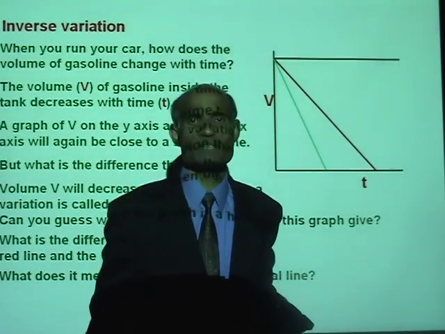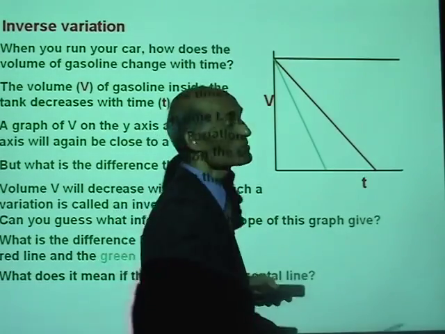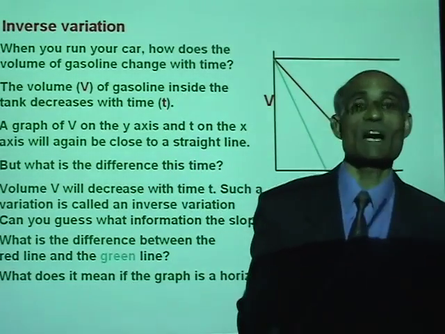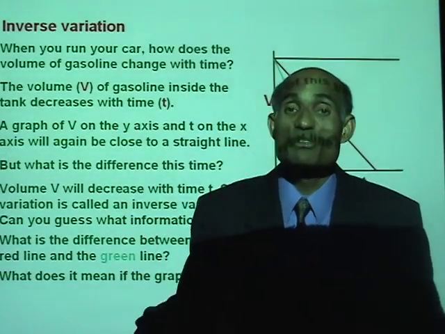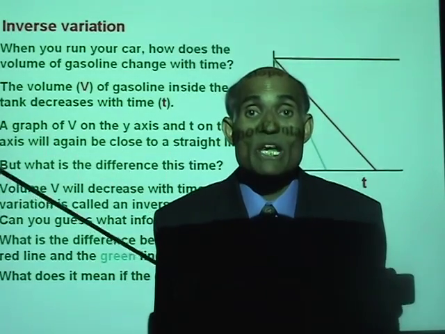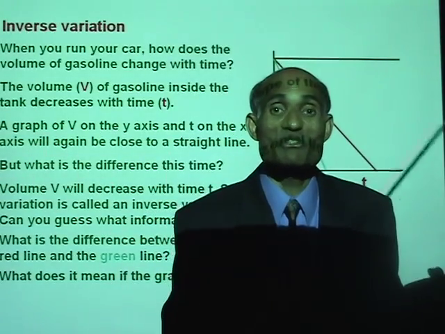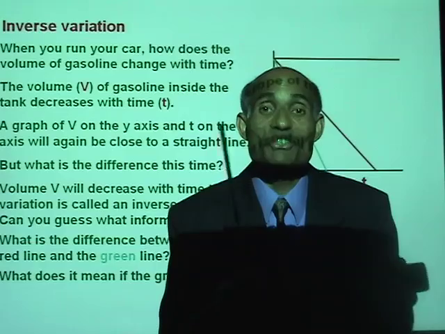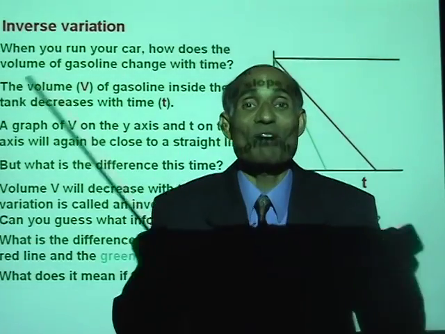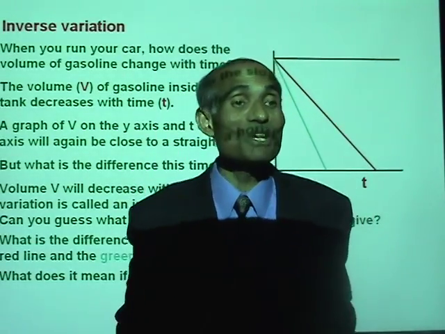Well, that's a dream, isn't it? Well, anyway, that's the meaning of that horizontal line. Now my purpose here is to make you understand the meaning of direct variation, inverse variation, and the slope of a graph. All these are important information.